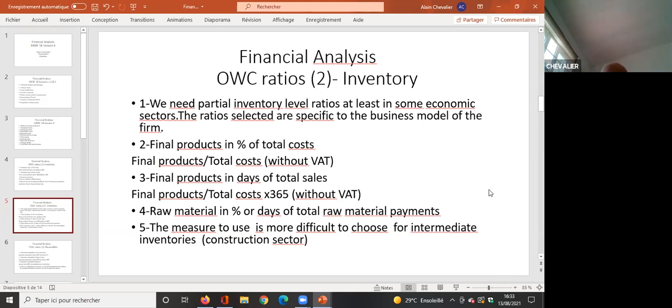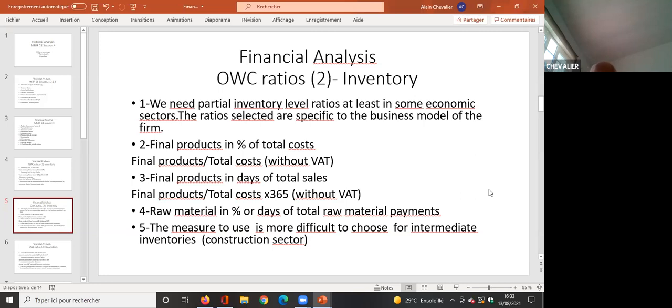Is the turnover increasing, decreasing? Is there an improvement, or are we in a situation where we have more and more raw material, not only in absolute value but in relative value, staying there and increasing the costs? So that's what you have to remember.